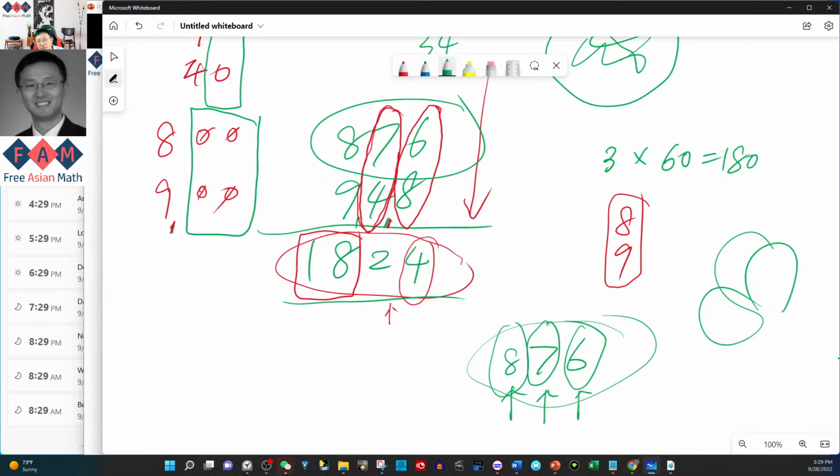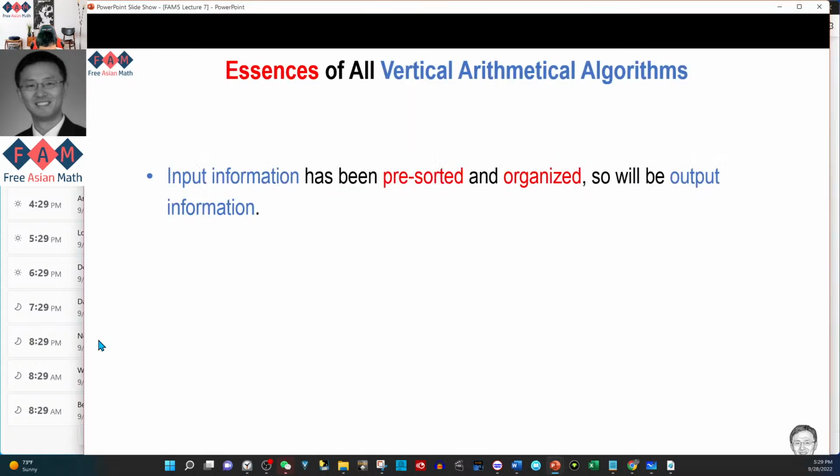But at the same time, you generate an output which has the same prepacked information. Now we know we have 1,000 here, 800 here, 20, and 4. So this is equally important, because if you destroy this, then you cannot reuse this 1,824 for other purposes. If the information got distorted going through the vertical addition algorithm, then that's totally bad. Very, very undesirable. So the output information is also well organized for you.